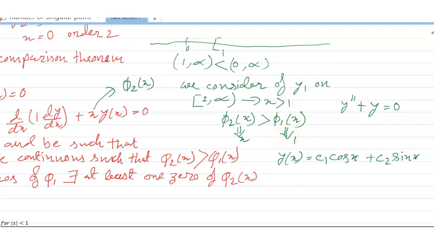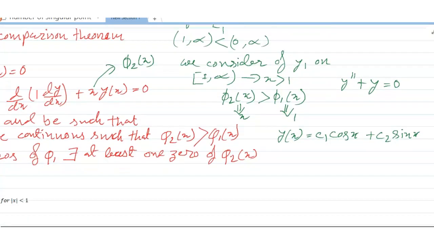There cos x and sin x is the basis, and the graph is like this.